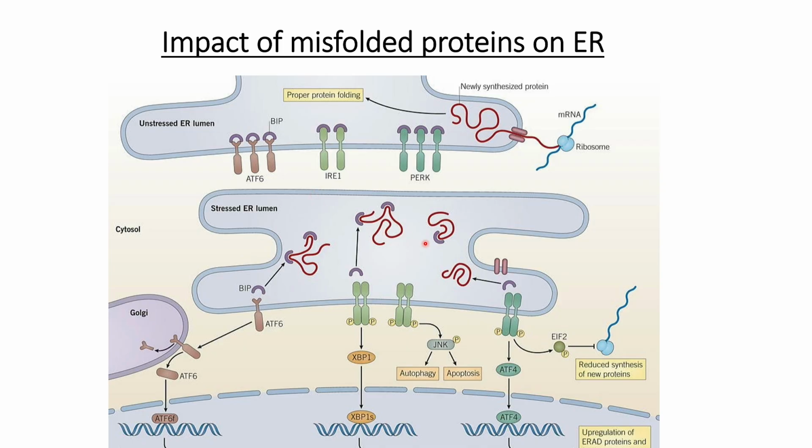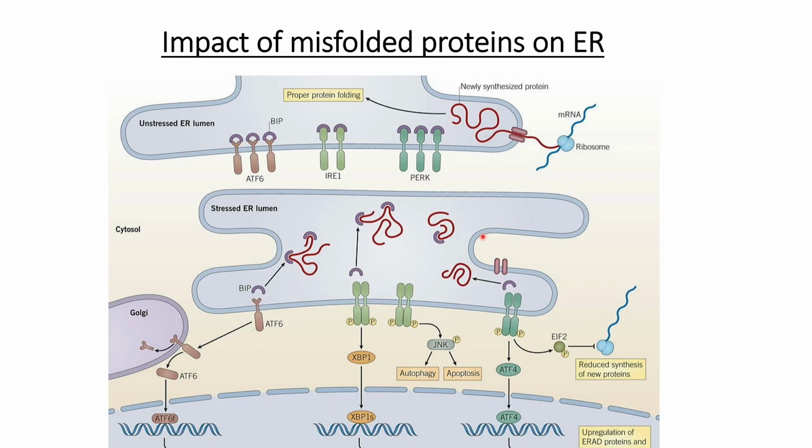As soon as proteins start misfolding, they lose their conformation and are converted into some other structure. Then the endoplasmic reticulum undergoes a stress condition, and in that condition BIP leaves these transmembrane proteins and binds to the misfolded proteins. BIP, or GRP78, is a chaperone protein.